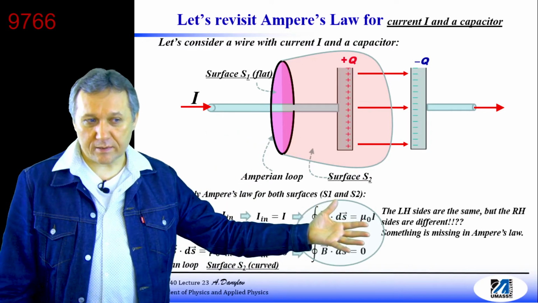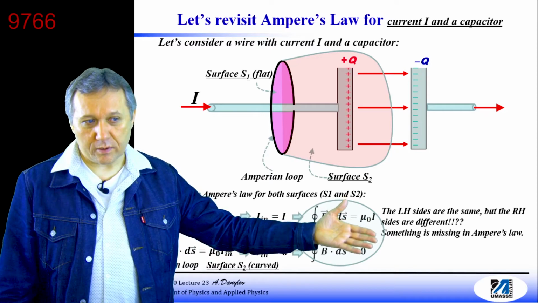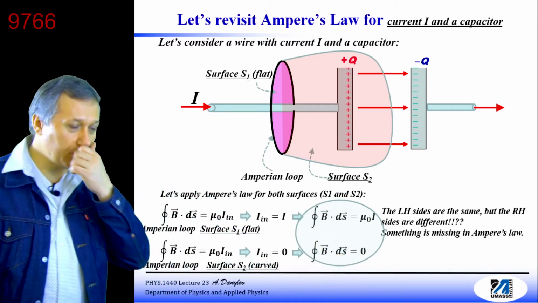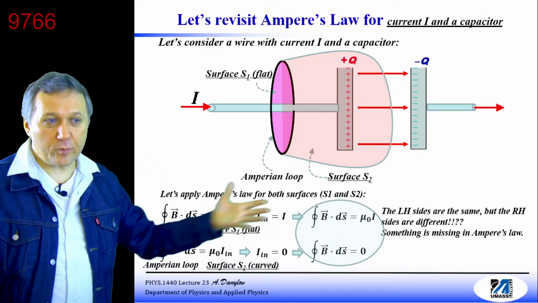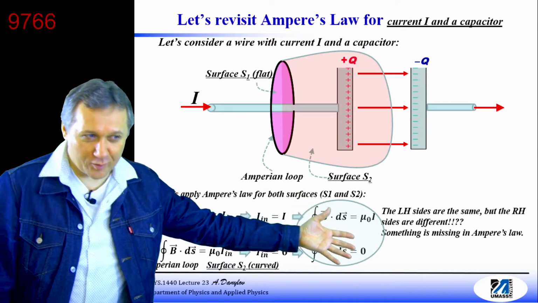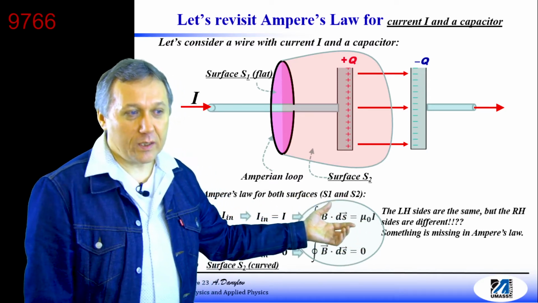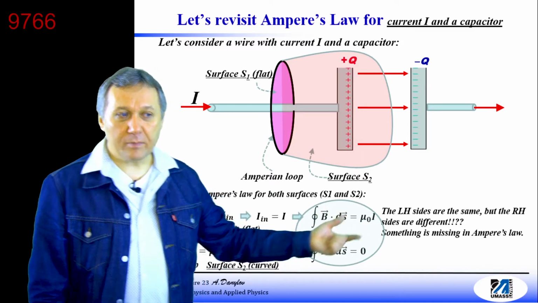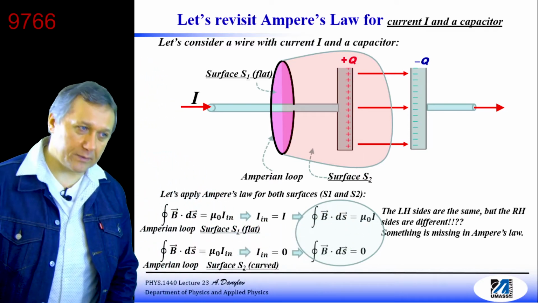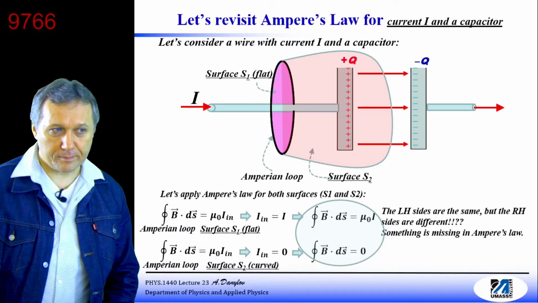But on the right-hand side, we have mu naught I here, and 0 here. So something is wrong with the right-hand side. And obviously, there's nothing wrong with the universal constant mu naught. You cannot do anything with a universal constant. It's obviously some additional current that is missing in this equation.